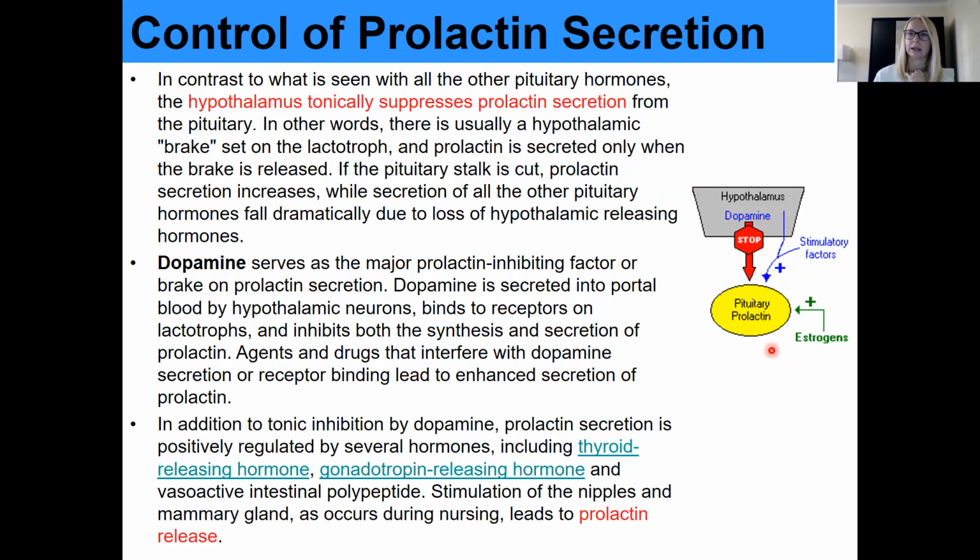Another factor that can affect prolactin secretion is the level of estrogens. So gonadotropin releasing hormone and thyrotropin releasing hormone can also affect the level of prolactin secretion from the pituitary gland.